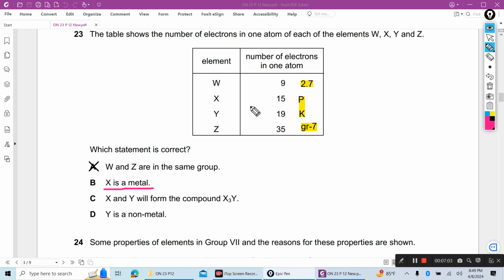X is a metal. No, X has 15 electrons, phosphorus. Phosphorus is a non-metal. And X and Y will form a compound X3Y. X is group 5, so X is -3, and Y is group 1, Y is plus.